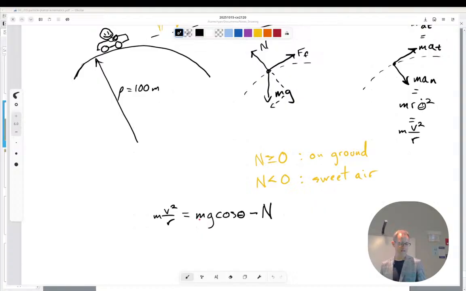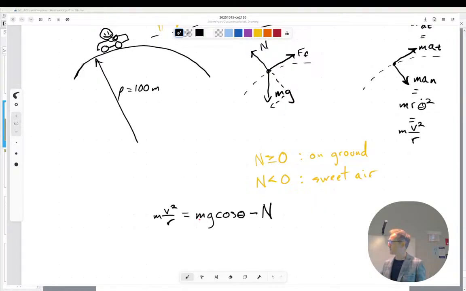Why is n equal to mg cosine theta? If we were not accelerating, then that's true. So on a constant slope, definitely, n is mg cosine theta. But here the slope is changing, so we're changing direction. So we've got both that acceleration and n and mg cosine.